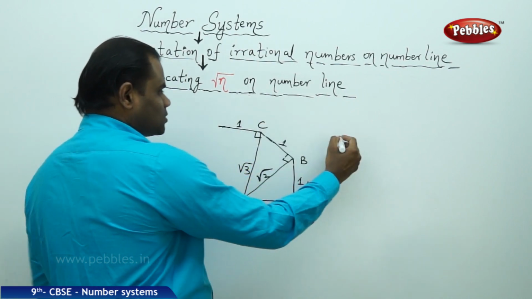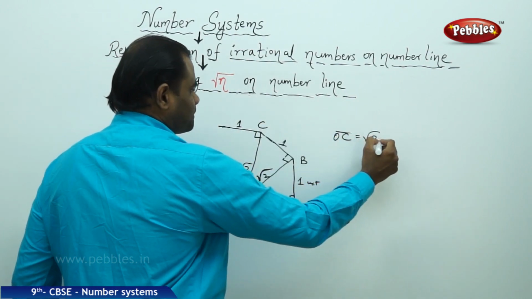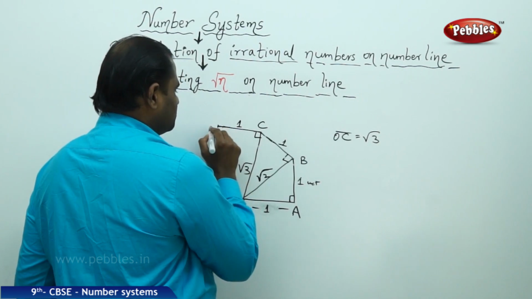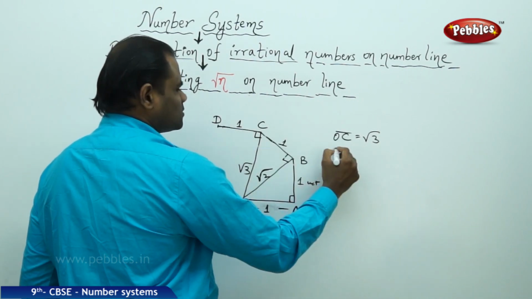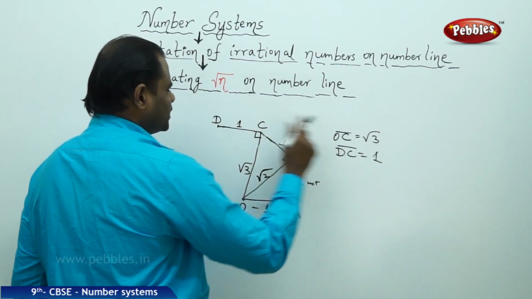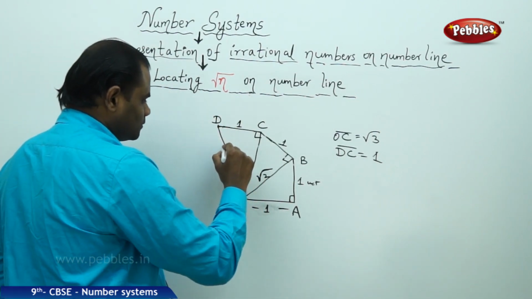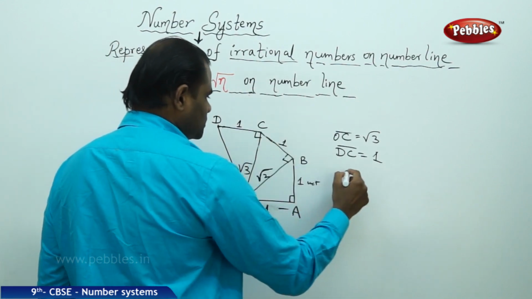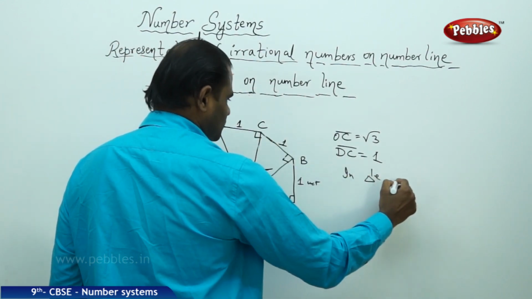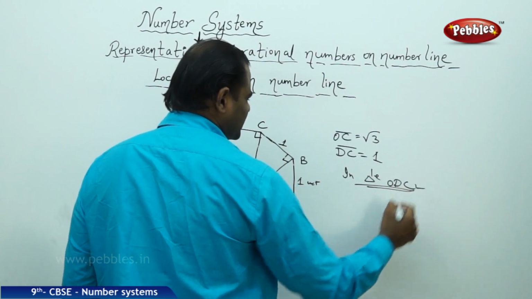So when this distance OC is root 3 and say my distance from D to C is 1 unit, then this forms a right angle triangle ODC, which is a right angle triangle.